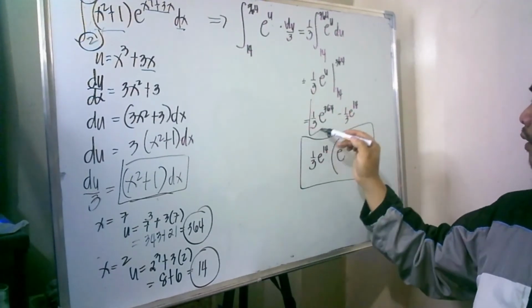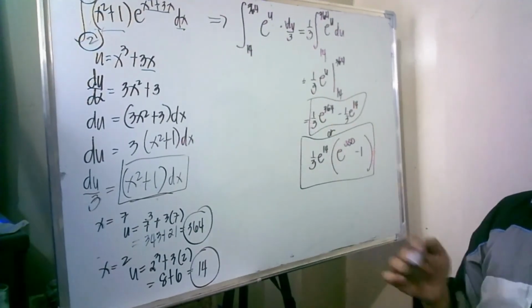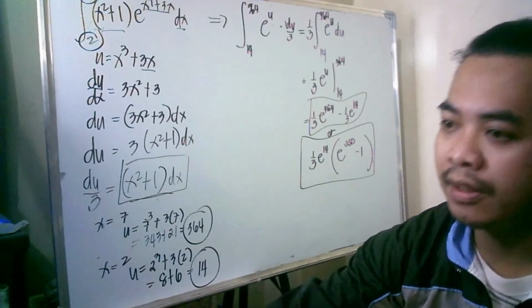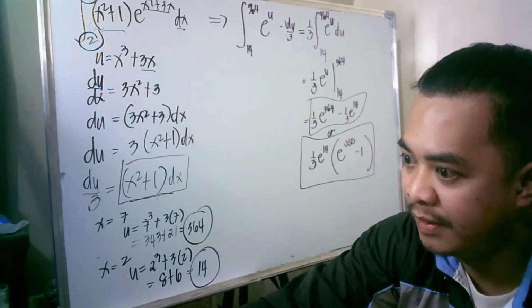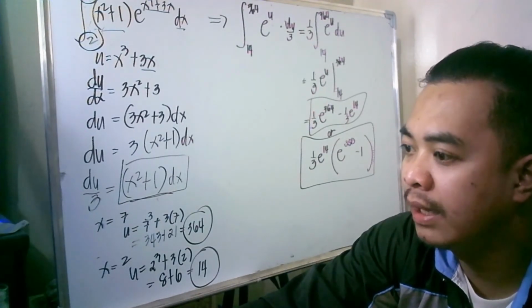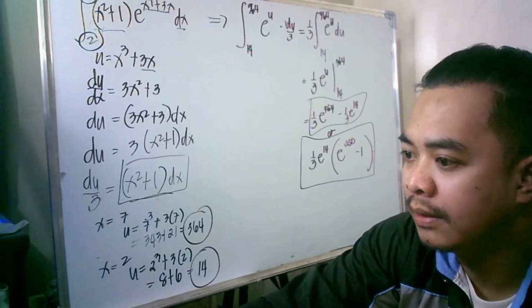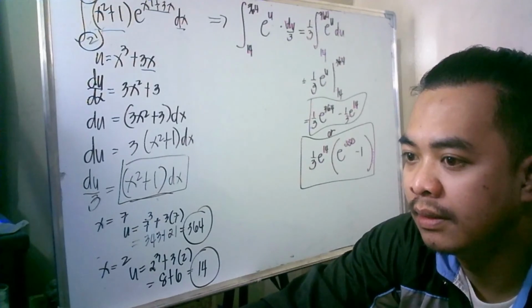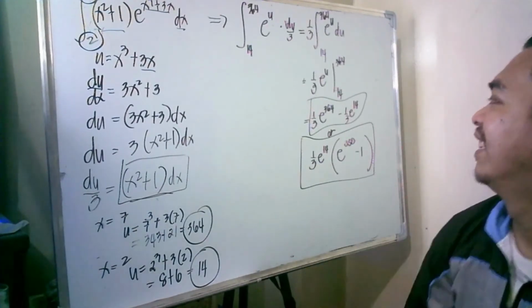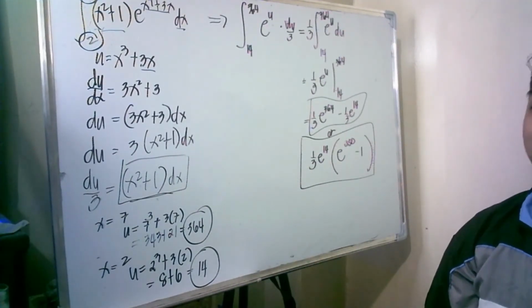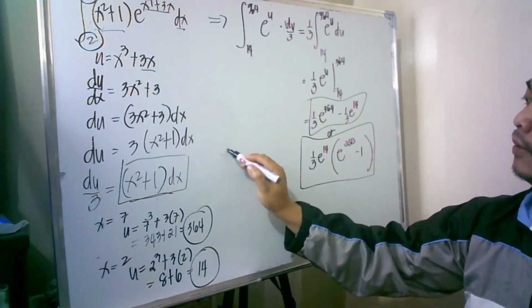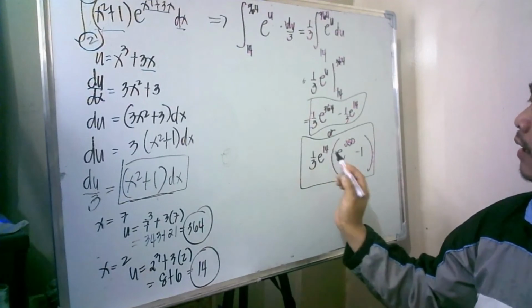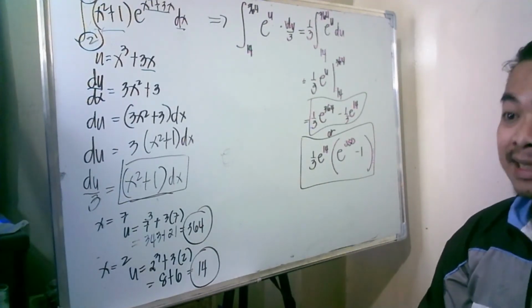Ito, or ito. Have you tried answering this one, Mr. Jefferson? Kasi saan mo nakita ito? Online po. Ayun, that's the answer. Yung mga e, baka kasi ang gawin nyo later, yung e raised to 14, we can stop there.